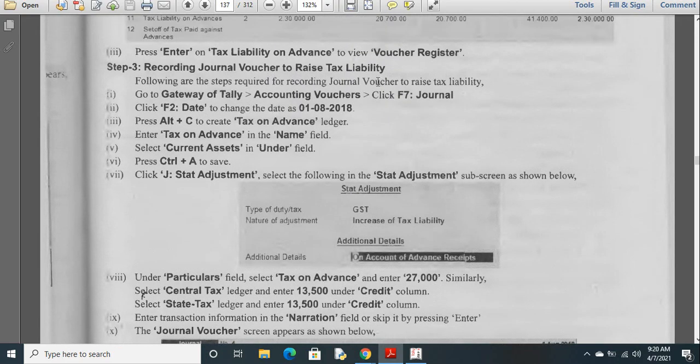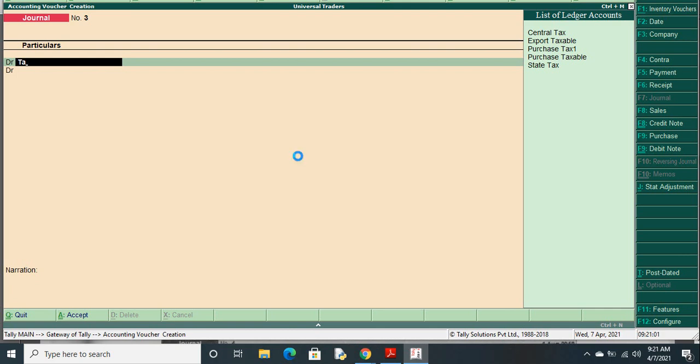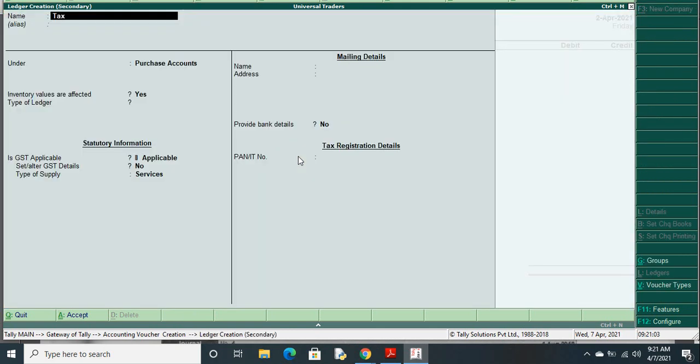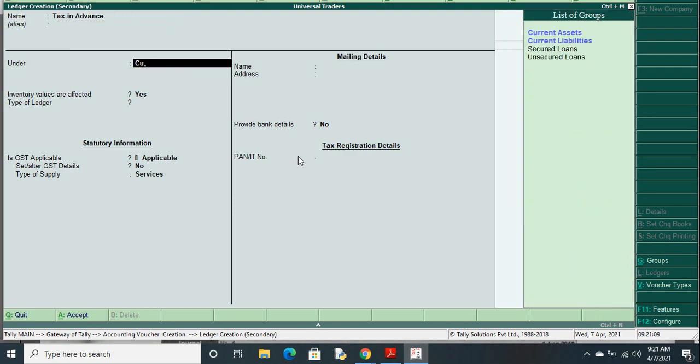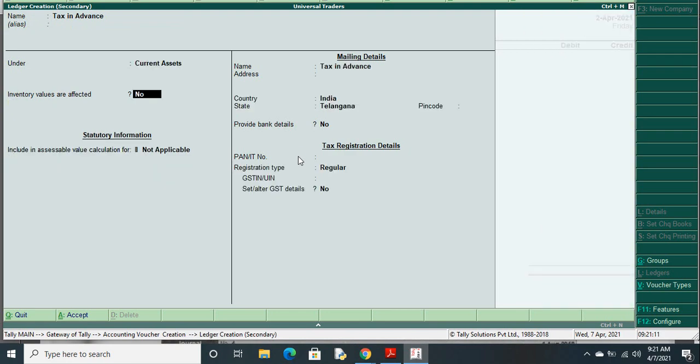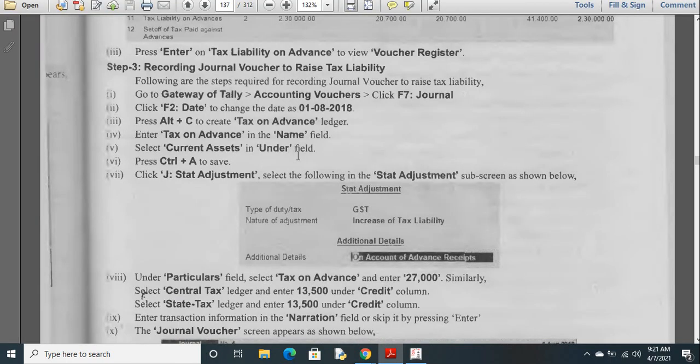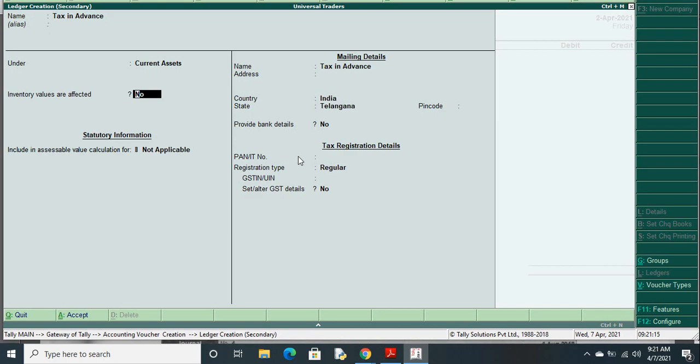Go to journal voucher, Alt C, tax on advance in the name field, current assets. Tax on advance comes under current assets. Next, Ctrl+A to accept.